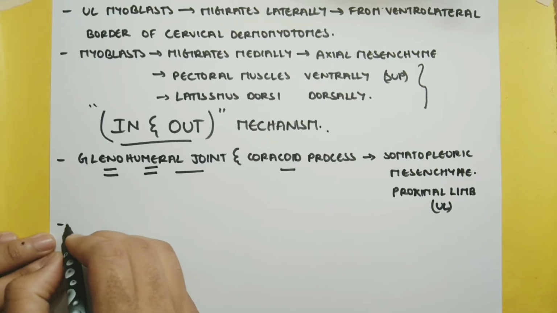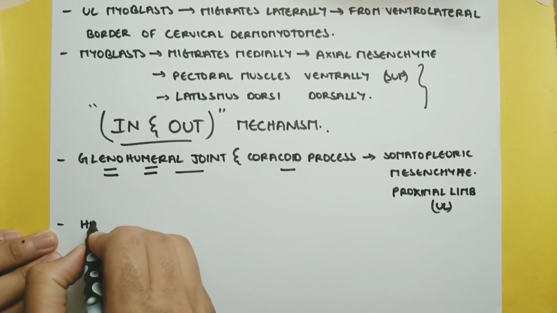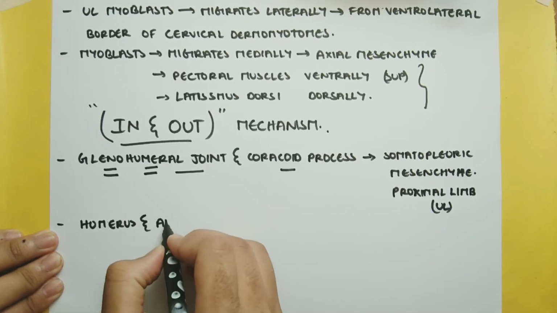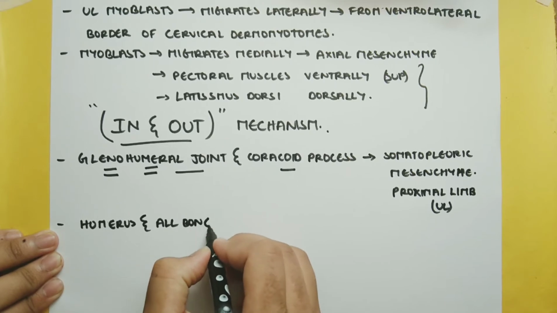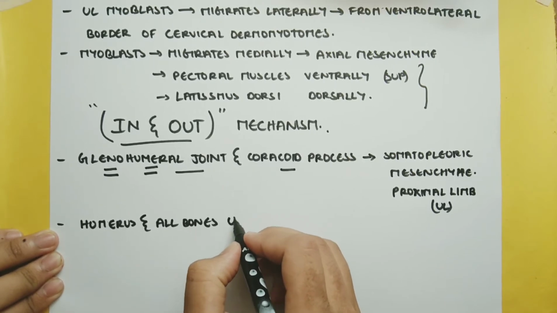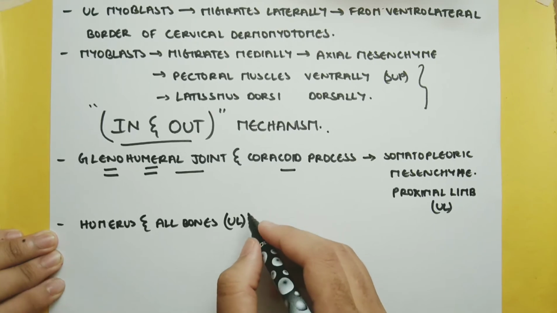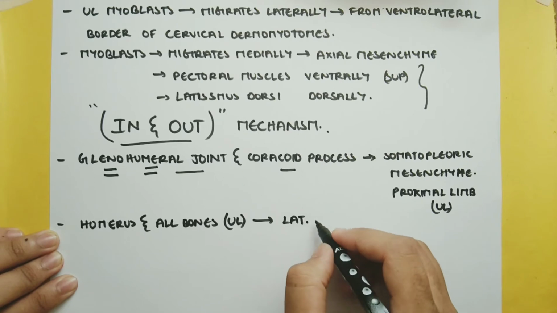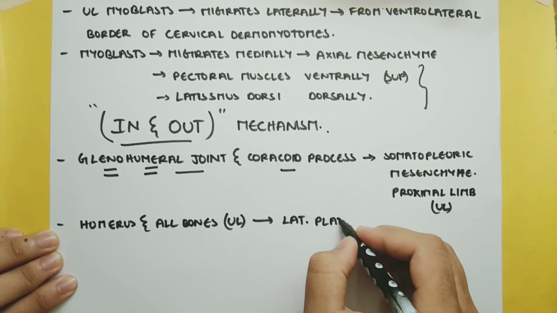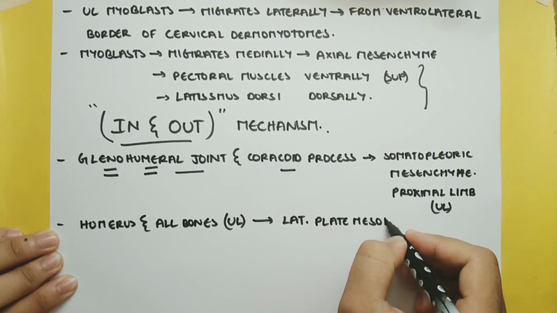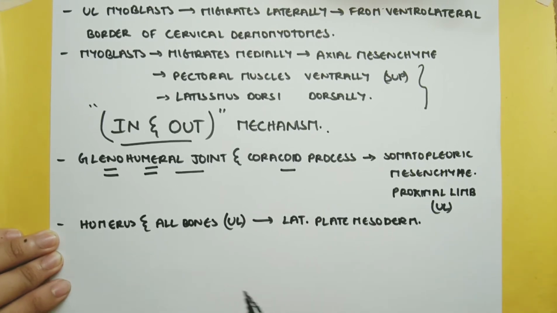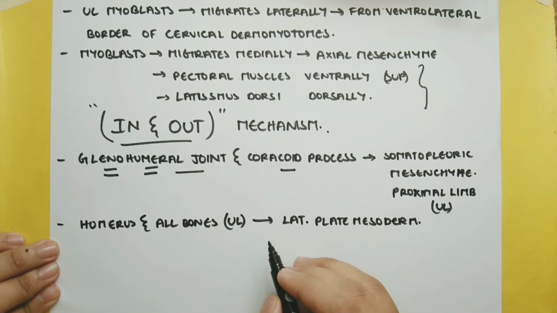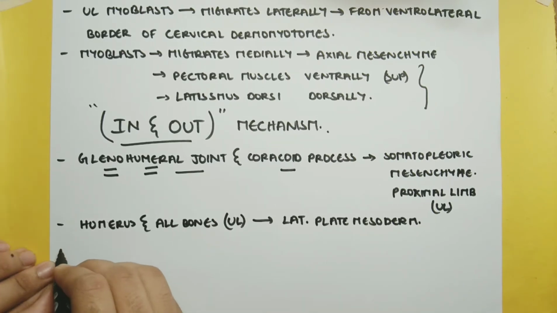Now, mainly the humerus and all bones of the upper limb are formed from lateral plate mesoderm.